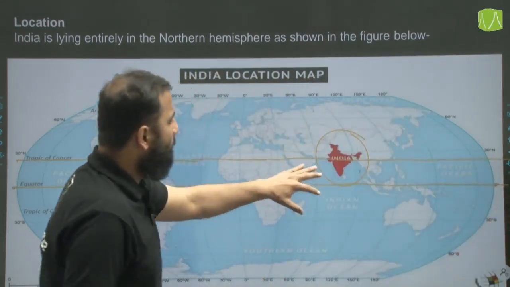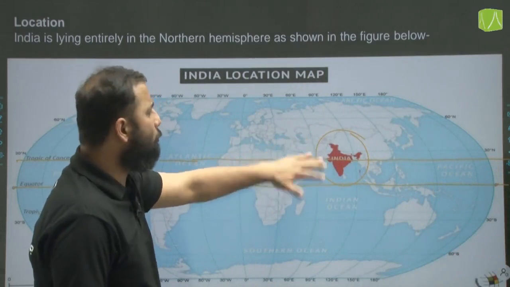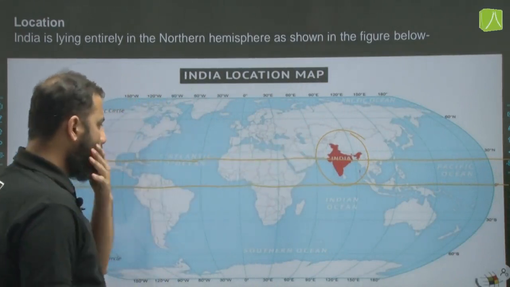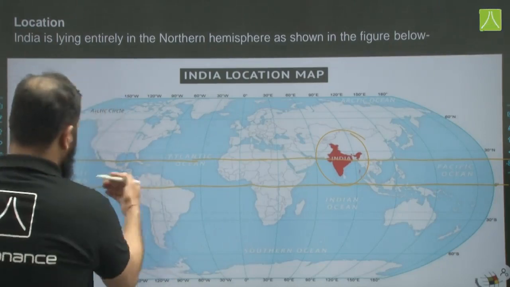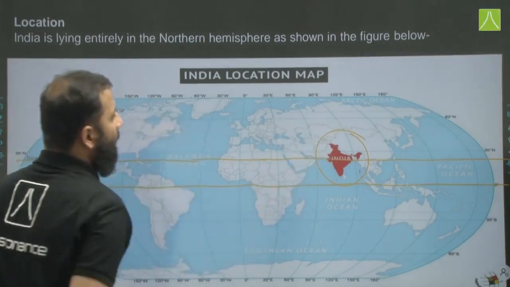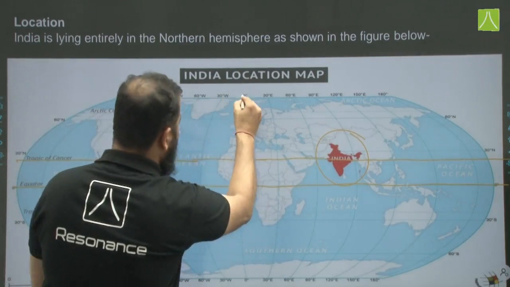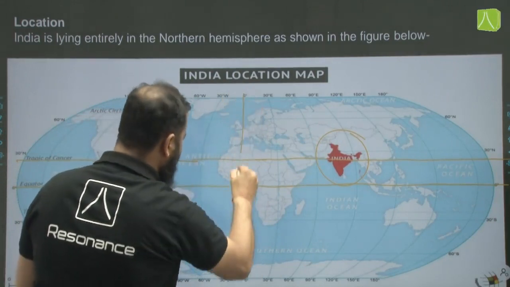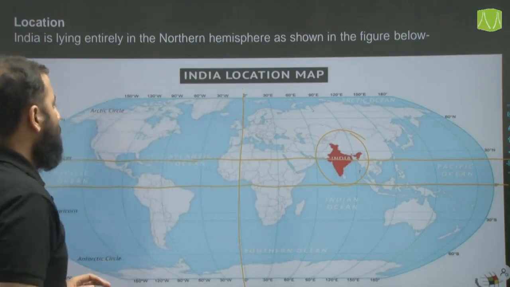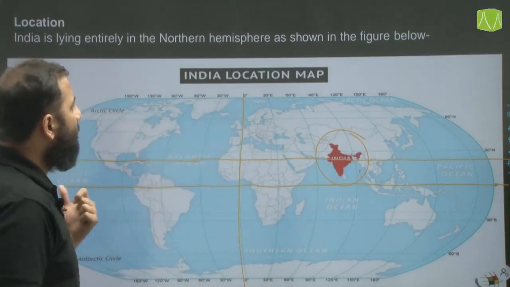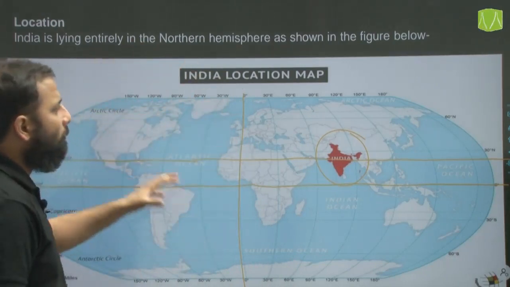And the Tropic of Cancer divides India into almost 2 equal parts. So this is above the equator, the northern hemisphere, and from the prime meridian, here it is in the eastern hemisphere. So that is India's location on the world map.